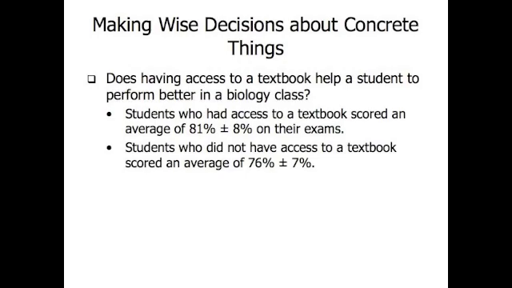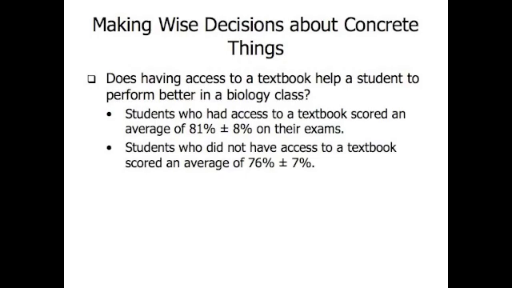After conducting a study, suppose we find that students who read the textbook scored an average of 81% plus or minus 8% on their exams, while those who did not scored an average of 76% plus or minus 7% on their exam. In this example, it is difficult to distinguish between the two possible conclusions.